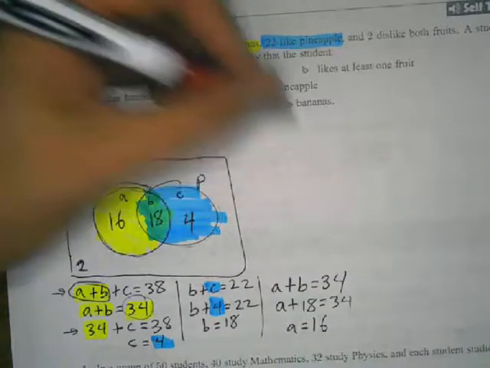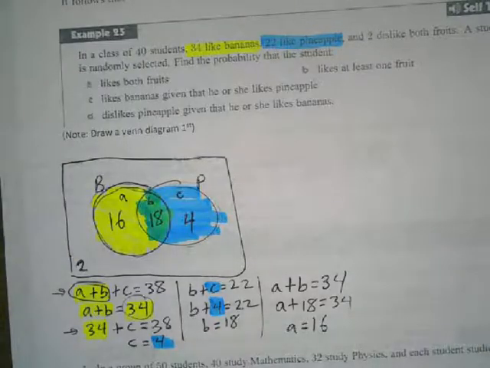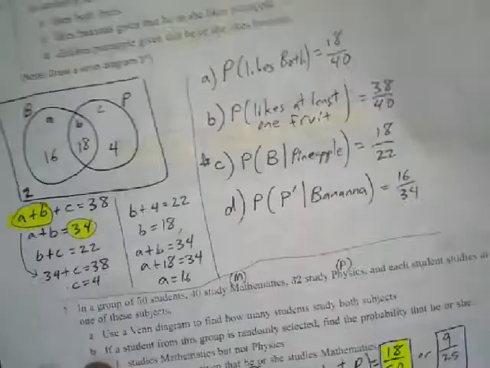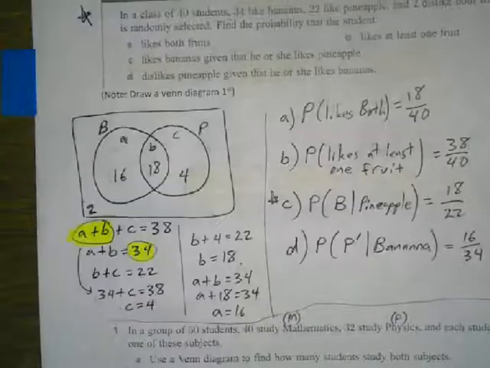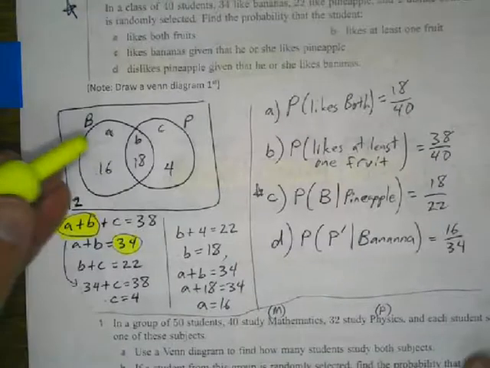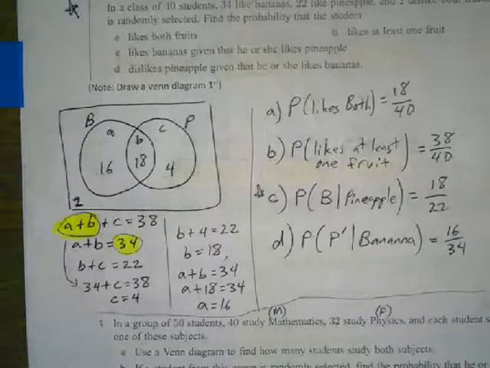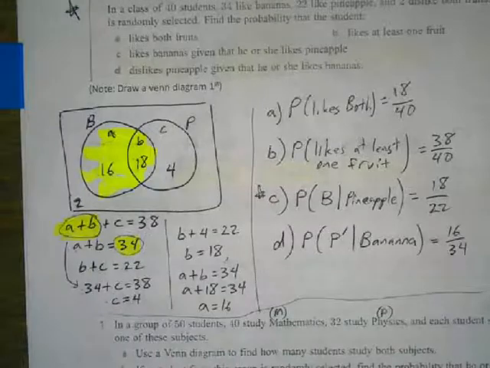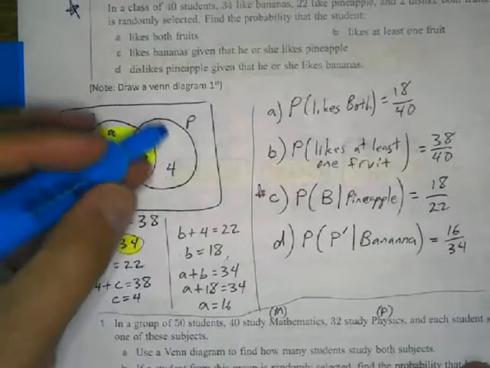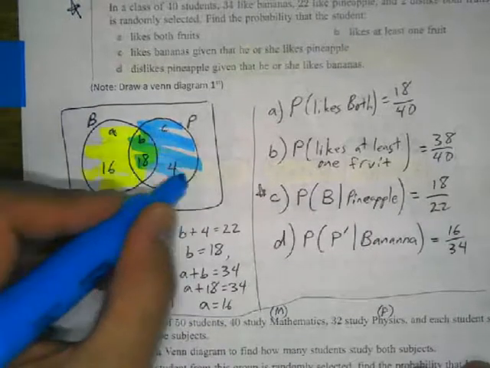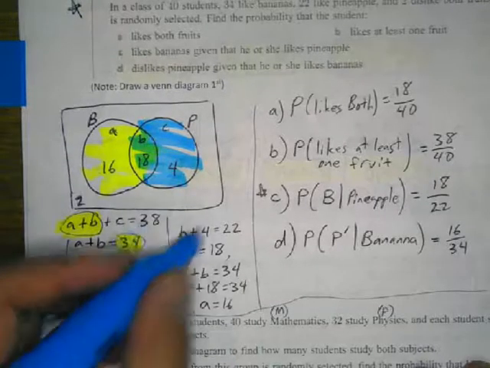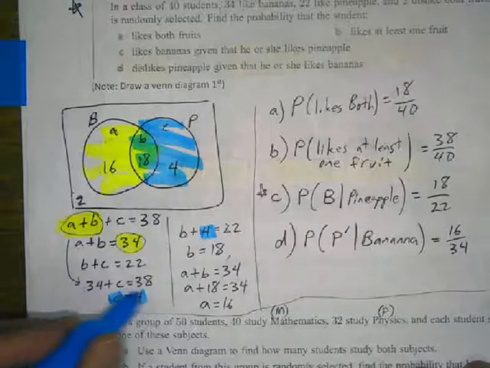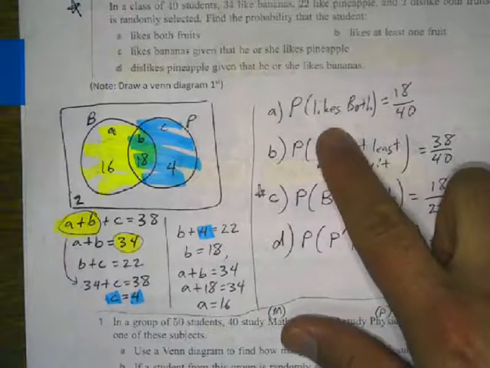The first question says, what's the probability that, okay, this was highlighted like this, right? Okay, so what's the probability that the person likes both?